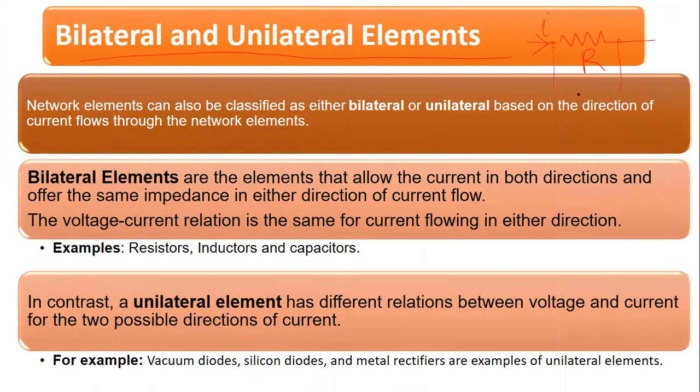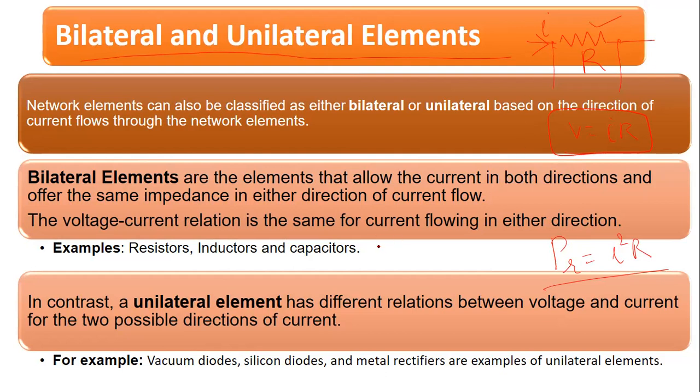It will be V is equal to I R. This will be the voltage drop, right? What will be the power dissipated across this resistance? The power will be P_R is equal to I square R, right? This would be the power dissipated across this resistance.